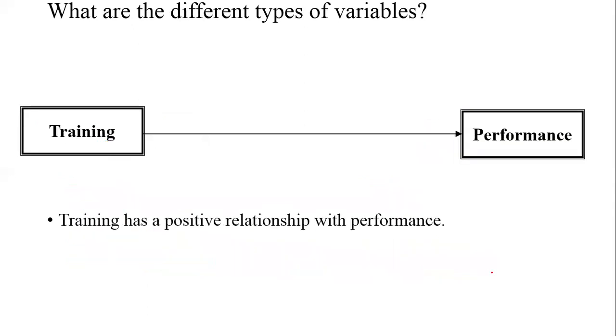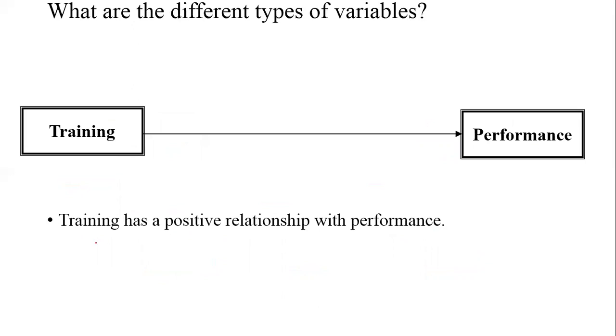Now let's discuss another example which says that training has a positive relationship with performance. If you train your employees, after getting some training, they have the capacity to perform well.